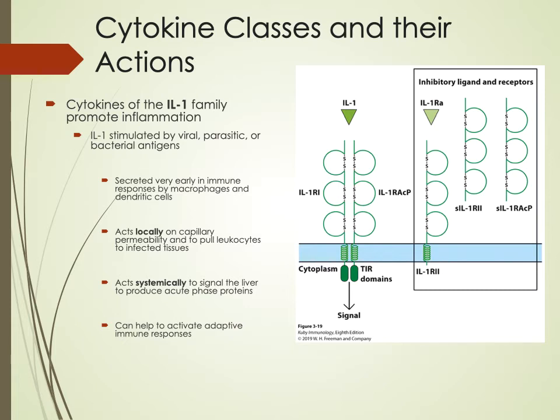They can act locally by causing capillaries to become more permeable. This actually allows other leukocytes to come into the area where we have an infection, whether it's a viral, parasitic, or bacterial infection. And so this can also help activate the adaptive immune response.